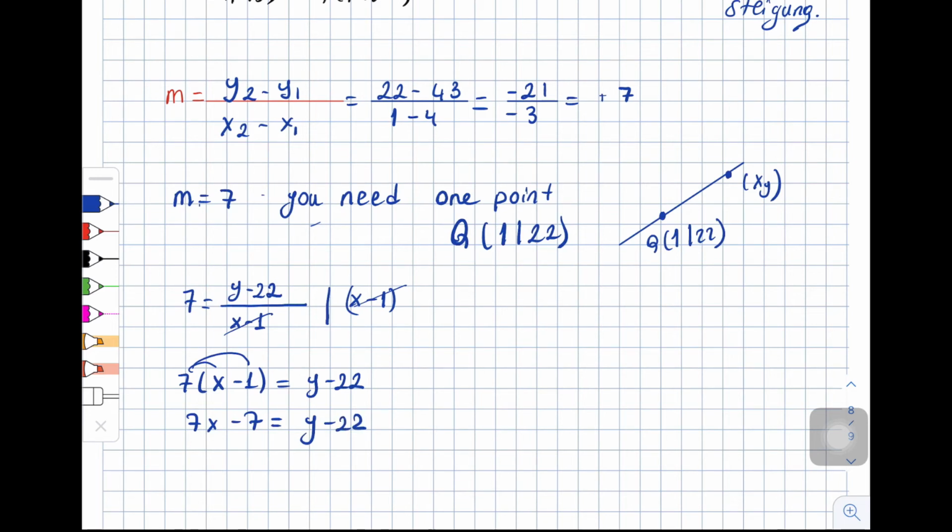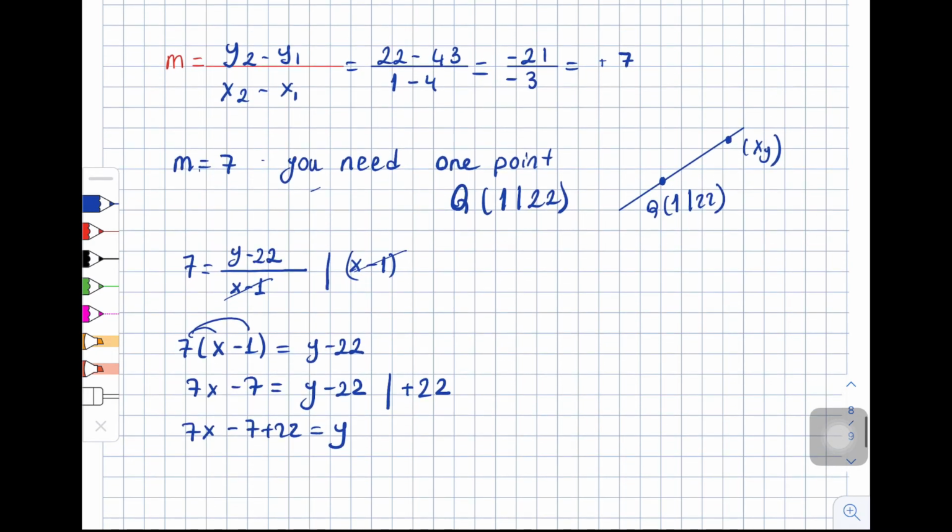We always keep the y alone. Plus 22. 7x minus 7 plus 22 is equal to y. Okay, minus 7 plus 22 is 15, so 7x plus 15 is equal to y. In other words, let's write it down: y is equal to 7x plus 15.